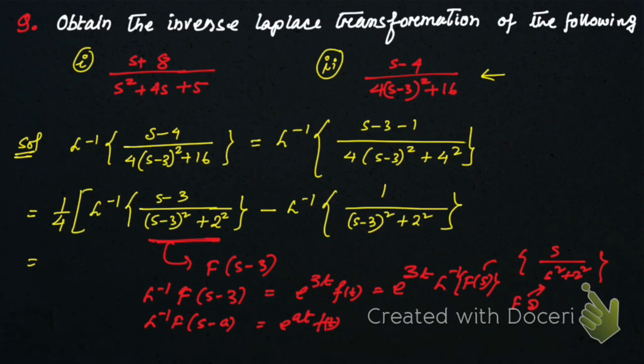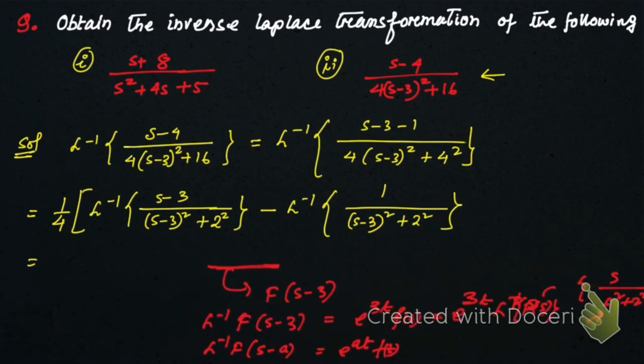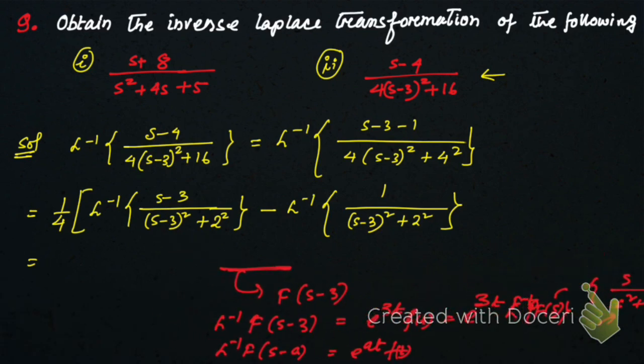Using this property, what we can write is that this can be written as 1 by 4 e to the power 3t inverse Laplace transformation of, here F of s, I have already told you that if F of s minus 3 is this, then F of s must be s by s square plus 2 square, right? This should be the F of s, right? So now let me clean these things.